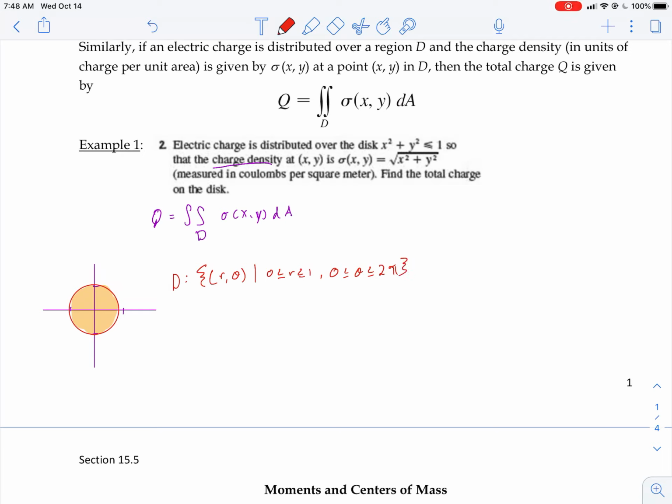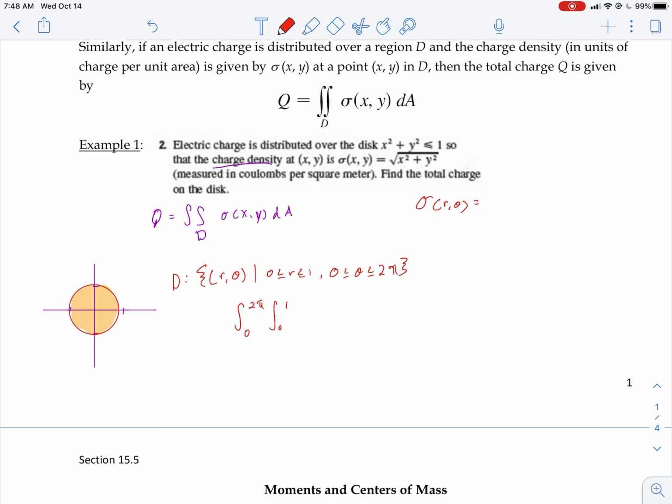Right. So I'm going to go ahead and put everything in terms of polar coordinates. Remember, theta is always on the outside, so 0 to 2 pi. Then we have our sigma. In this case, our sigma is the square root of x squared plus y squared.